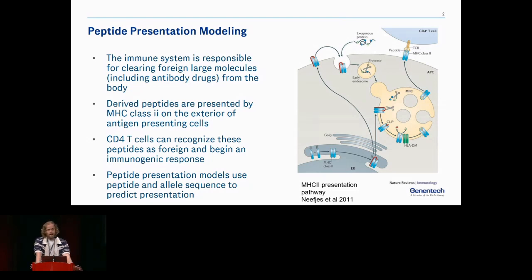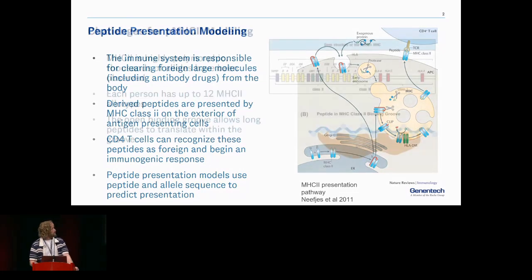And then a T cell can come in and recognize this complex, and if it deems it foreign, it'll launch an immunogenic response. And so the idea here is, if we understand peptide MHC class 2 presentation, we can reduce the presentable peptides that are in our antibody drugs, and we can reduce immunogenicity.